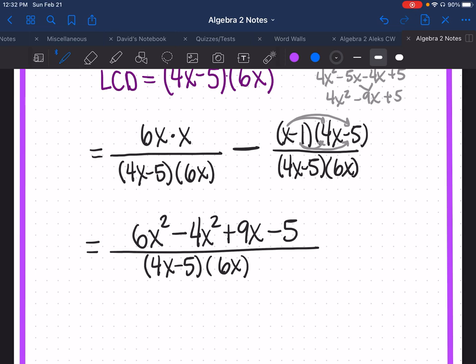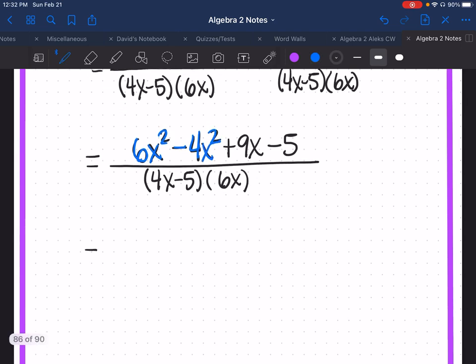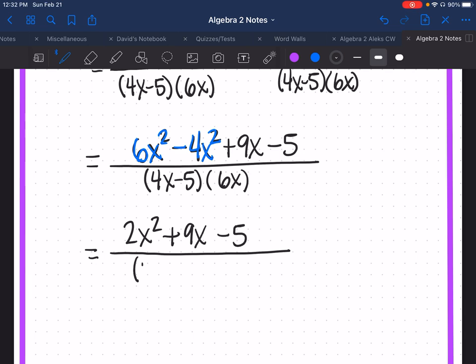All right, I do see that there are 4 terms in the top, so chances are that there is a common term that I can combine, and it happens to be my 6x squared minus my 4x squared. So that would become 2x squared. Move down here. That would become 2x squared plus 9x minus 5, and then I have this in the denominator.